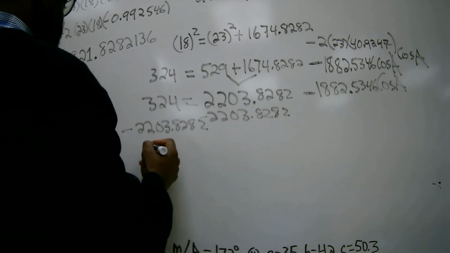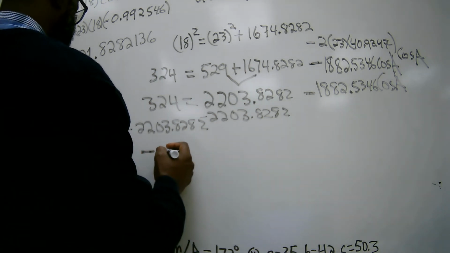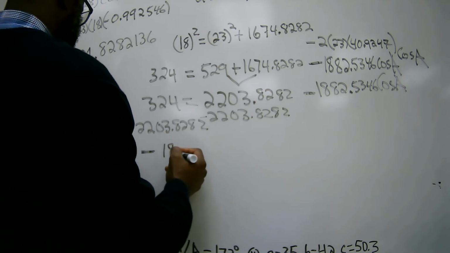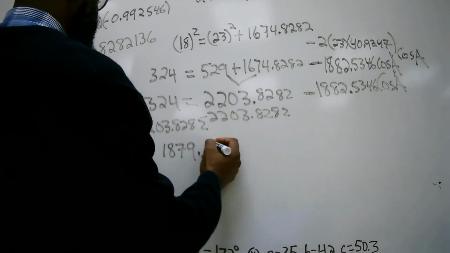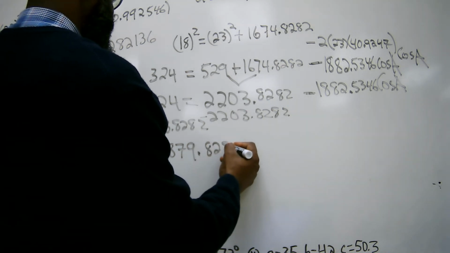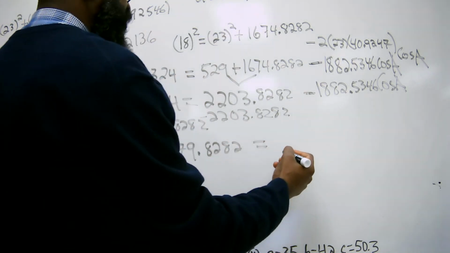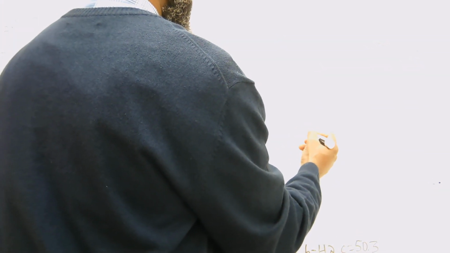The outcome will be negative 1,179.82, which is equal to negative 1,882.5346 cos A. Remember, we assume that it's going to be a very small angle.